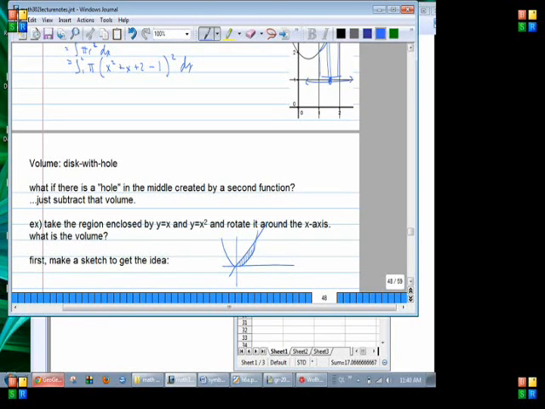So we've already looked at enclosed areas between two functions. Now we rotate it around the x-axis. When you rotate this around the x-axis, what do you get? You get a bigger circle and a smaller circle, and there's a hole in the middle.